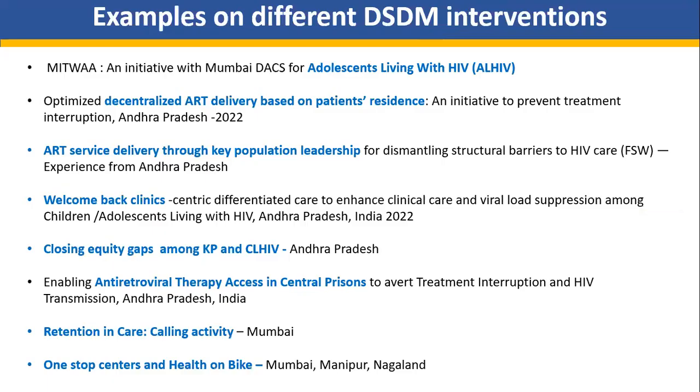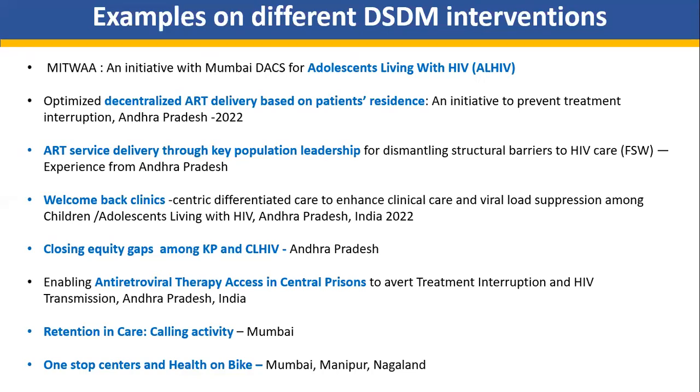Next, please. So these are various examples of differentiated service delivery model interventions. Such as the Mitwa initiative in Mumbai for adolescents who are living with HIV. There can be an optimized decentralized ART delivery model based on the patient's residence, which is there in Andhra Pradesh.